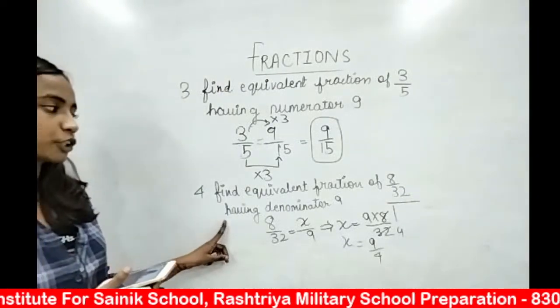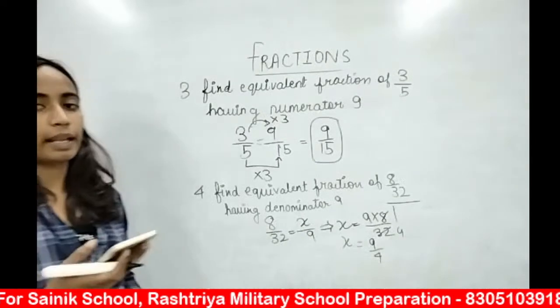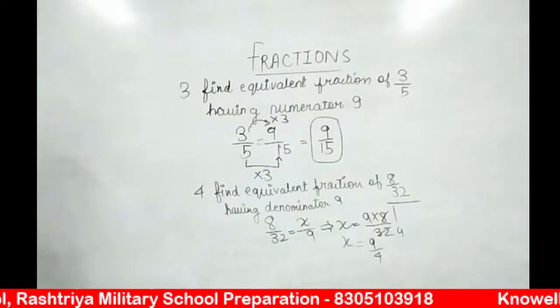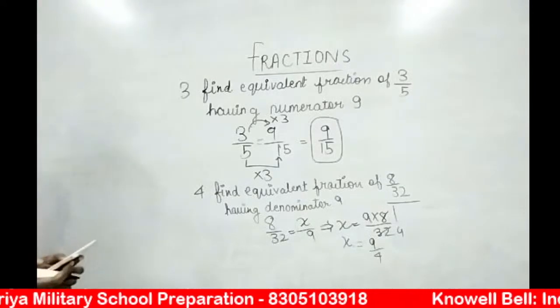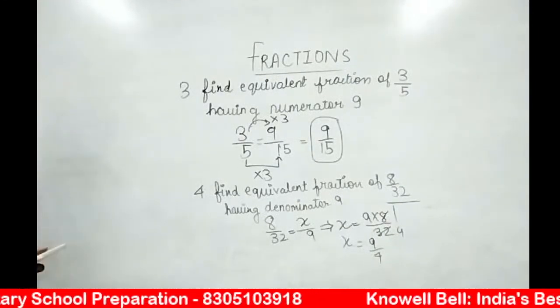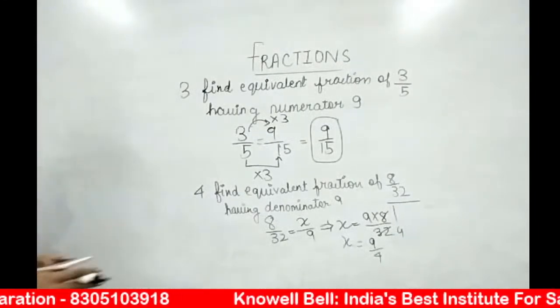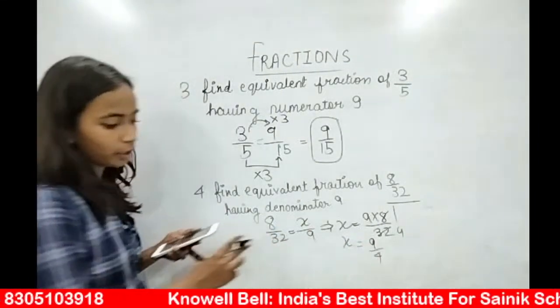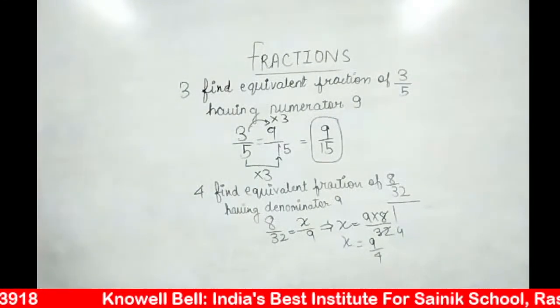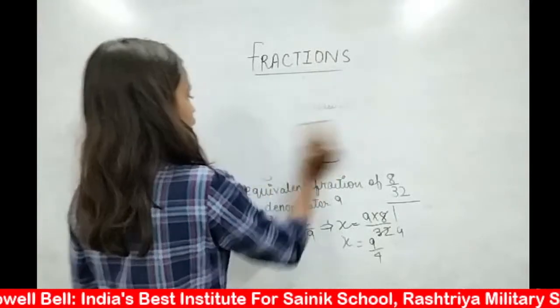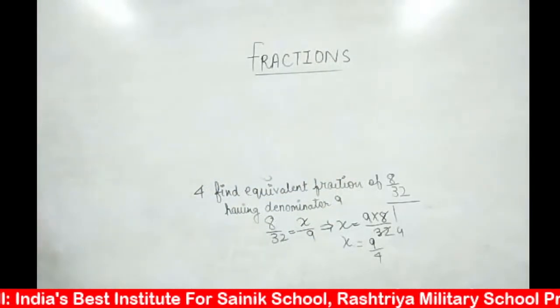The equivalent fraction would have numerator 9 by 4. Yes, it will be an equivalent fraction. Yes, the numerator here will be 9 by 4. Yes. Next is question number 5.